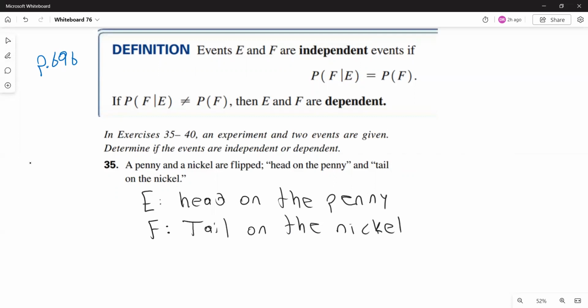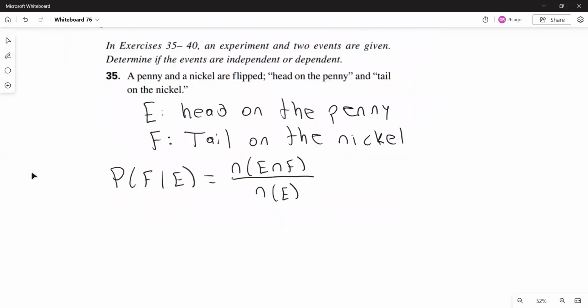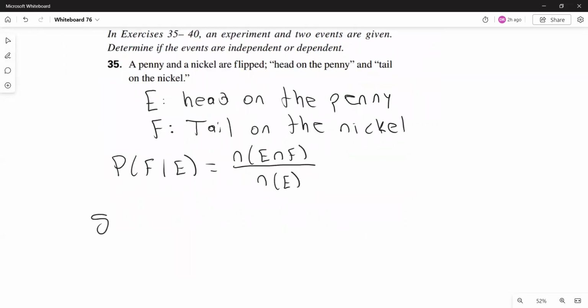probabilities. Let's say we are going to find the probability of F given E. That's the number of elements in E and F over the number of elements in E. So the sample space is: head, head, head, tail, tail, head, and tail, tail.